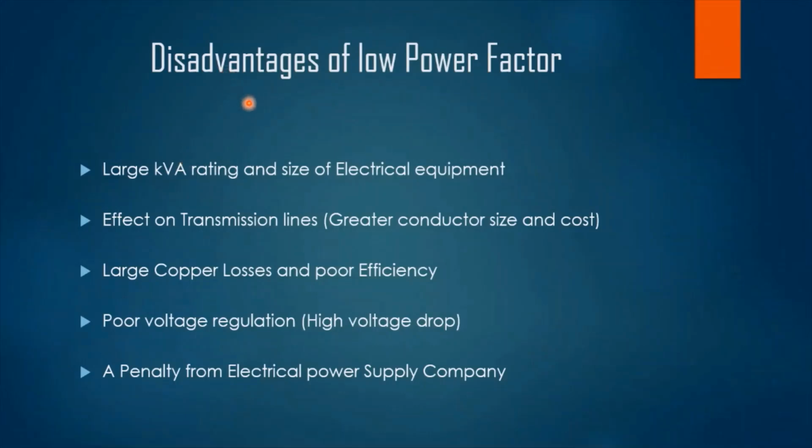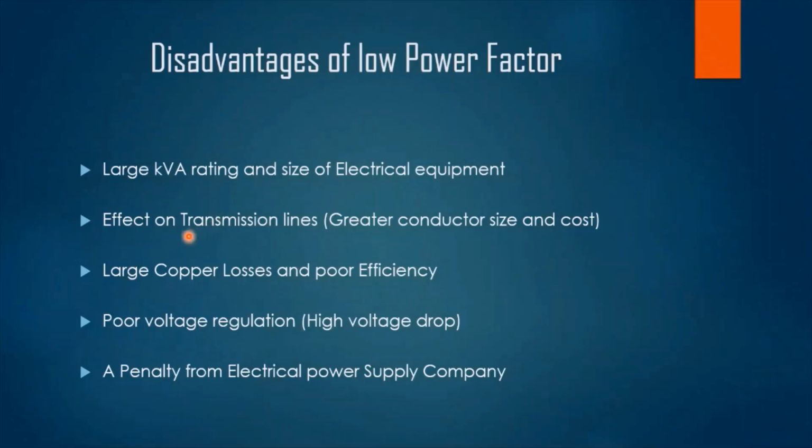What are the disadvantages of low power factor? With low power factor, we may select a higher rating of electrical equipment. For example, we may use a higher kVA rating of transformer, and this is because we are having a low power factor.